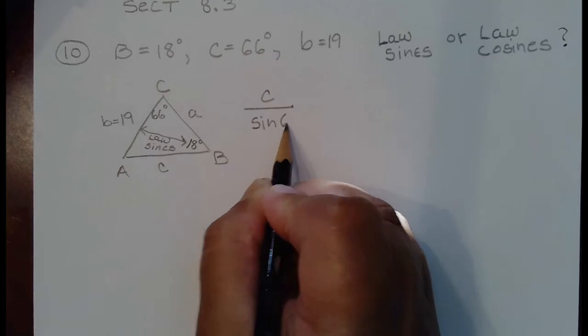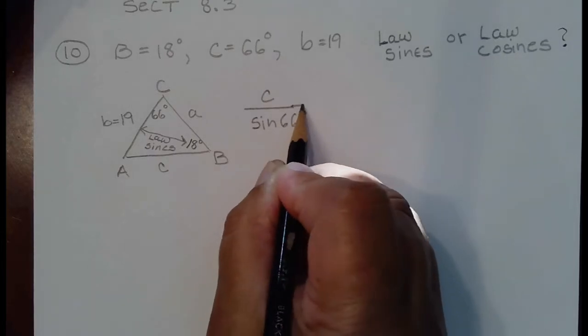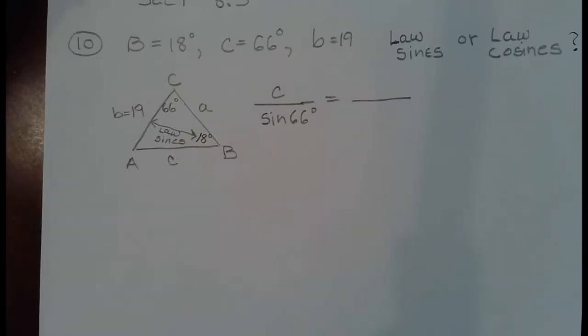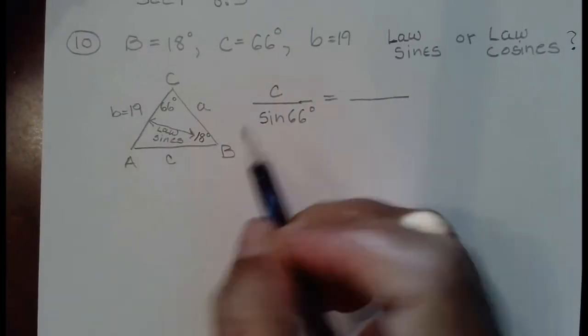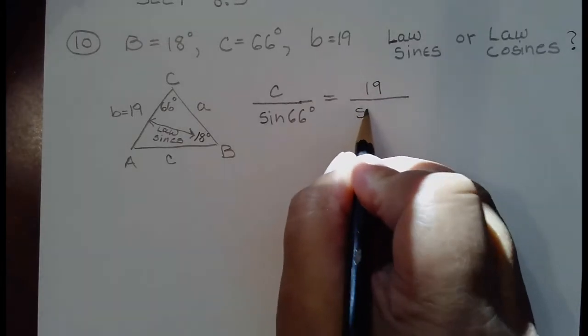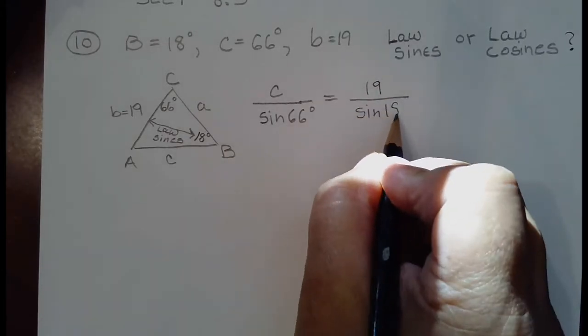So side C, which is across from, so I'll be taking the sine of that, and then I'll make one other fraction, and that'll be this complete pair right here, where I have a side of 19 and the sine of 18 degrees.